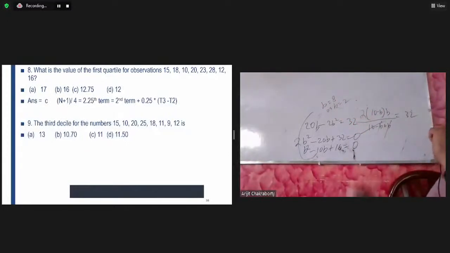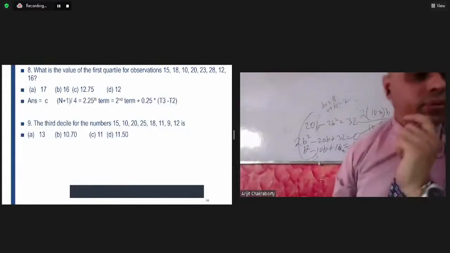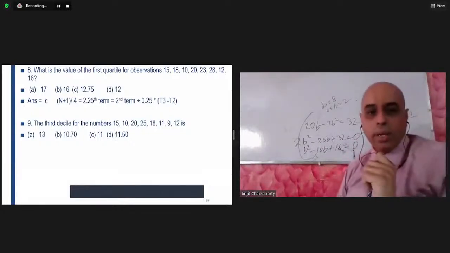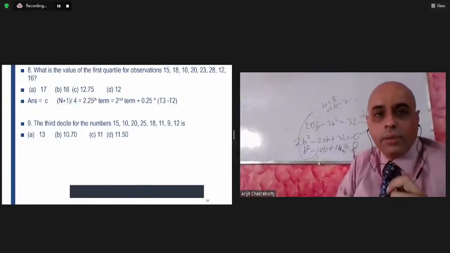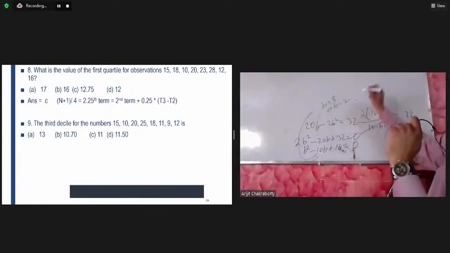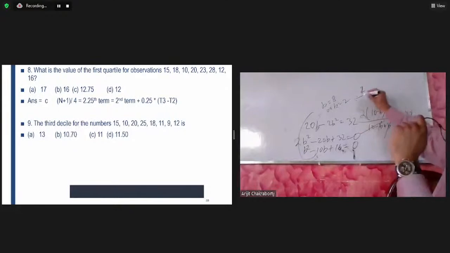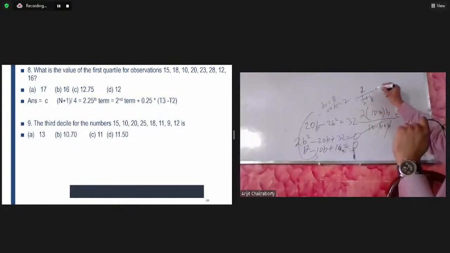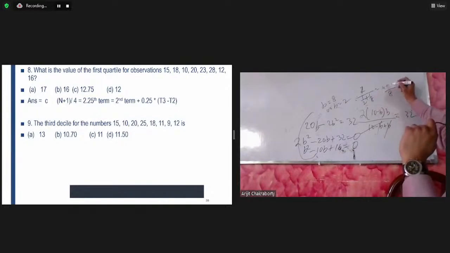If B is 8, the numbers therefore are 2 and 8. Okay, 2 and 8, if you see, the AM will be 5, and if you just find out the HM, 2 divided by 1 by 2 plus 1 by 8, LCM is 8, 2 4s are 8, 8 1s are 8, so it is 5 by 8.